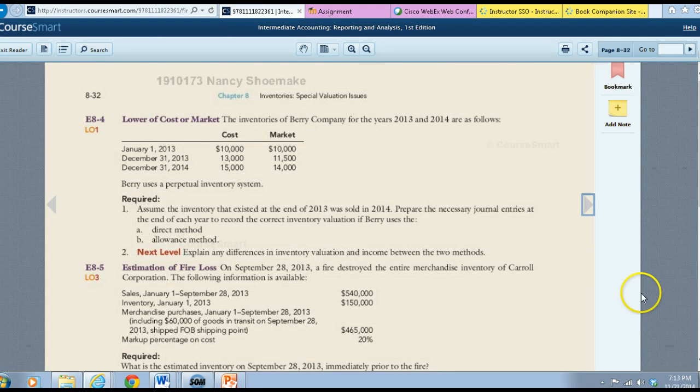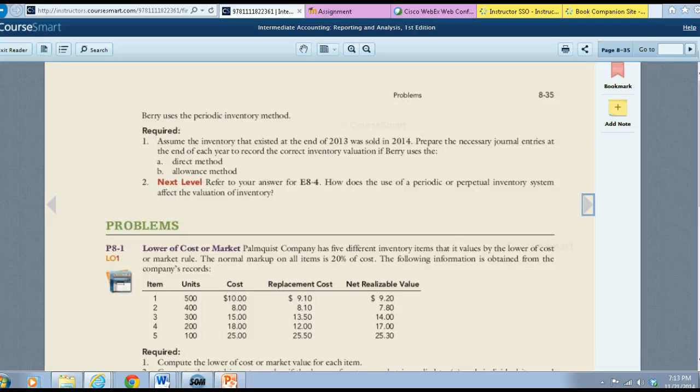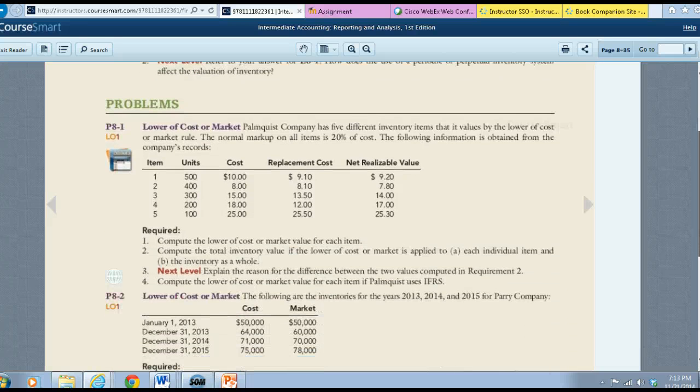Okay, so with 8.1, problem 8.1. Palmquist has 5 different inventory items that it values by the lower of cost or market rule. The normal markup on all items is 20% of cost. The following information is obtained from the company's records.